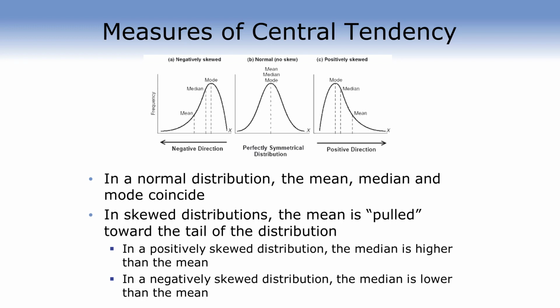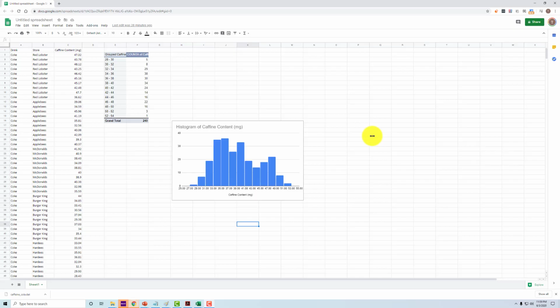The mode stays the same, but the median gets pulled a little bit in the direction of the skew, whereas the mean gets dragged significantly towards the direction of the skew. This means that data that is substantially further away from the peak can have a dramatic effect on the mean, and that's something that we're going to have to deal with a little bit later in the class.